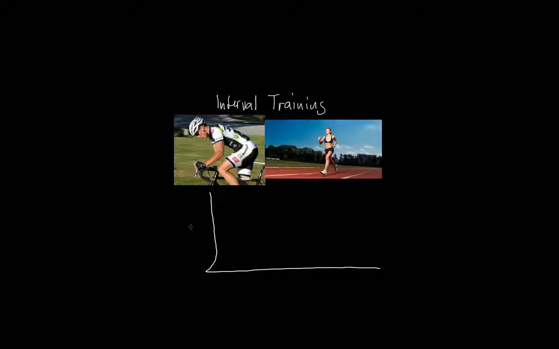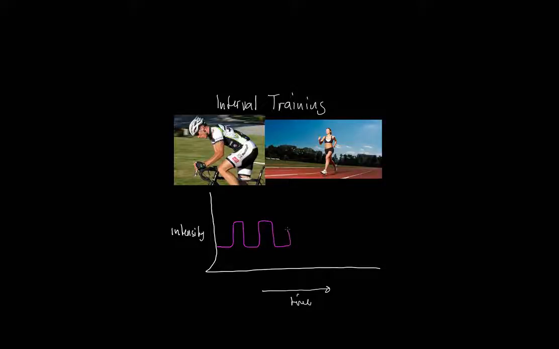Okay, so on the vertical we have the idea of intensity, and of course, intensity in this case is going to be percentage of heart rate max. And on the horizontal, we've got the idea of time. What we'd expect to see with interval training is that intensity goes from low to higher, dropping down to low, to higher, and so on.